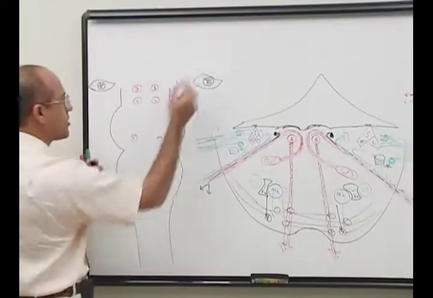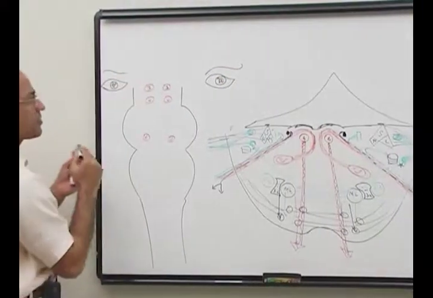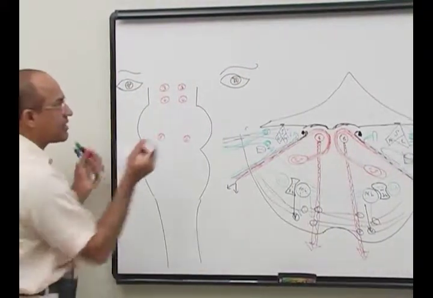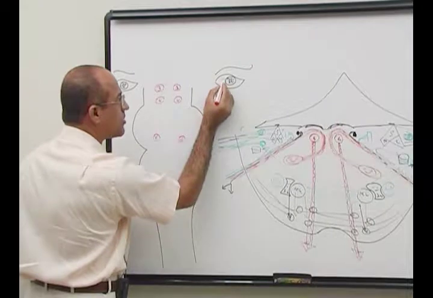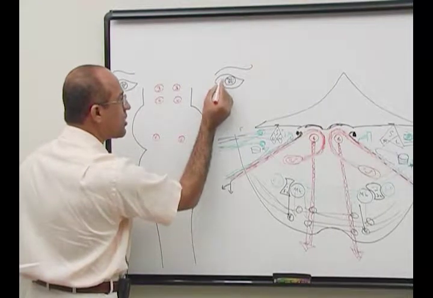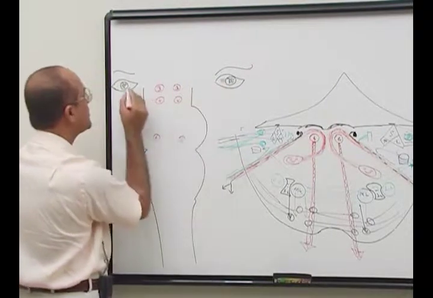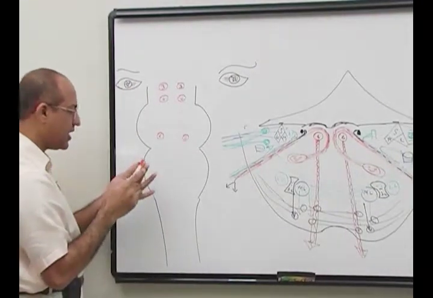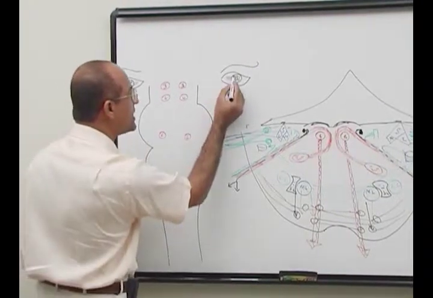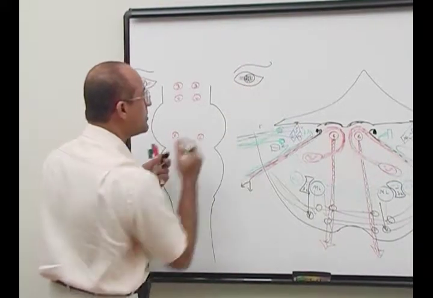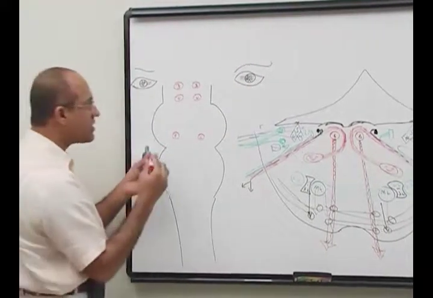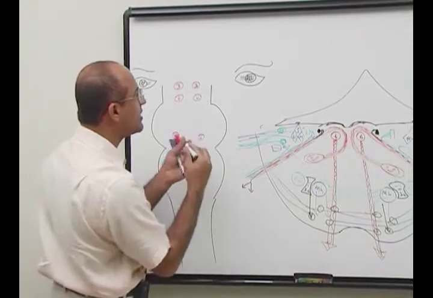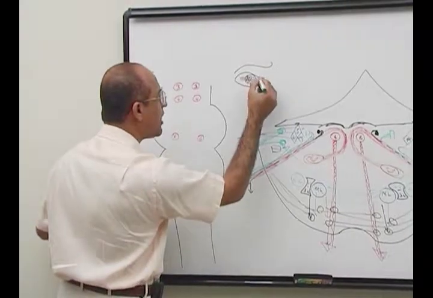Now, this is a muscle which pulls the eyeball medially, right? This is called medial rectus. What is it? Medial rectus. It is not medial rectum. Medial rectus. And there is a muscle on the other side which moves the eyeball outward.